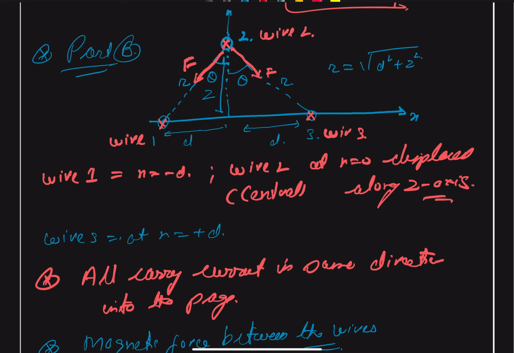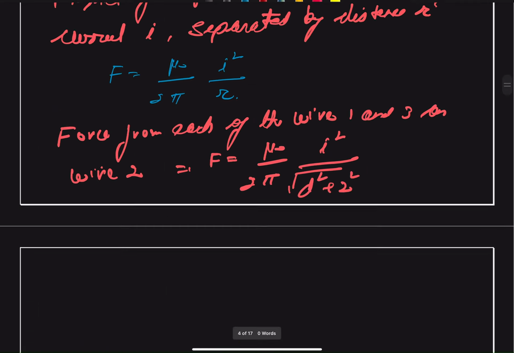This force can be divided into two components. Let me draw the figure here. We have wire 2 and we have force F. On the other side also we have a force F. Each force can be divided into two components, with this angle as theta.